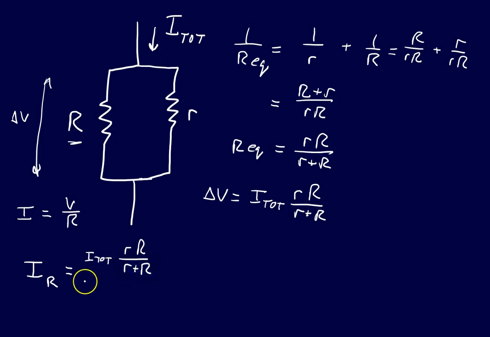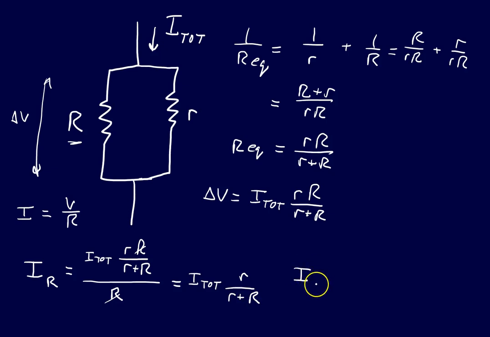It's kind of ugly now, but we'll see in a second it's going to clean up. Then this one would just be divided by big R. And so that big R will cancel with the big R up here, and we get an equation that is a little bit easier to manage. So it's the total current times r over R plus r.